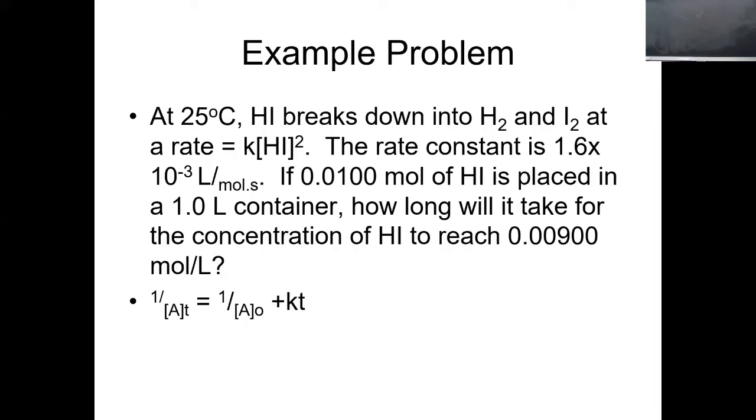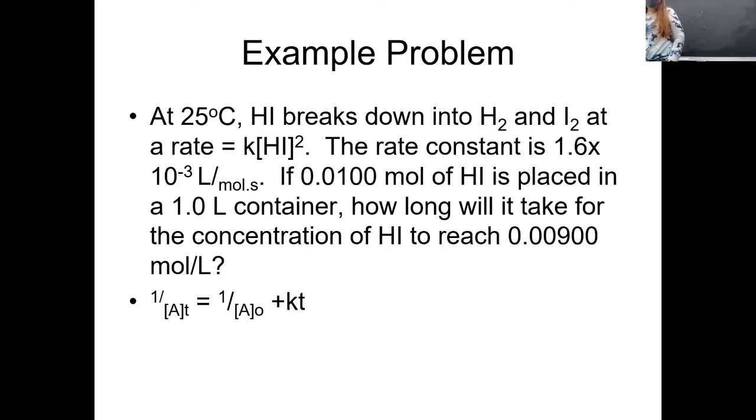And so we have our question, if we have 0.0100 moles of HI and we place it in a 1 liter container, then the concentration is 0.0100 moles per liter, right? Because it was in a 1 liter container. How long will it take for the concentration of HI to reach 0.00900? Okay, so to go down by about 10%.